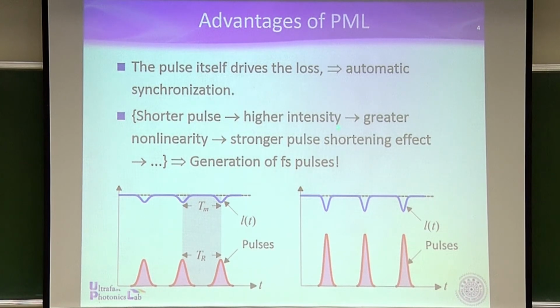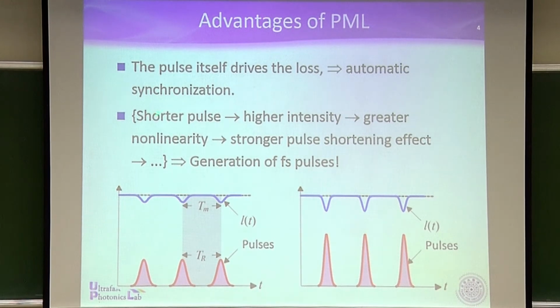Then you have higher intensity, so it will induce greater nonlinearity, such as self-phase modulation. The higher the intensity, the stronger the nonlinearity. And if the pulse shortening effect comes from the nonlinearity, which is for sure, as we will see, then that means you have a stronger pulse shortening effect.